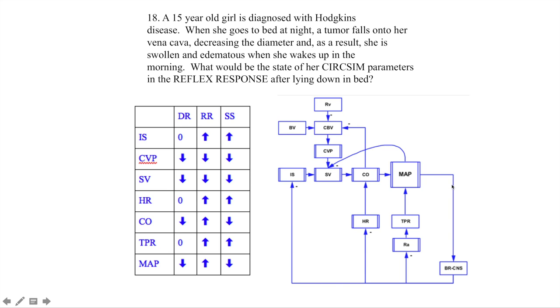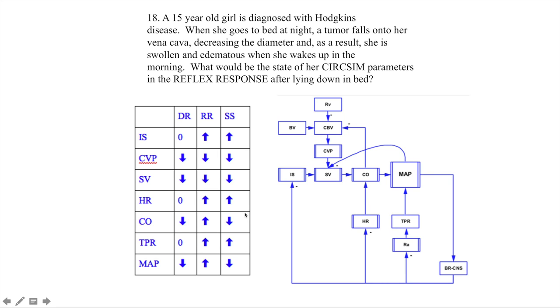The reflex response is as normal: increased TPR, increased MAP, increased heart rate, increased cardiac output, decreased central venous pressure, decreased stroke volume, increased cardiac output limits the fall in stroke volume. And now you add them up: inotropic state, CVP, stroke volume, heart rate, all obvious, total peripheral resistance obvious, mean arterial pressure always slightly in the direction of the direct response.